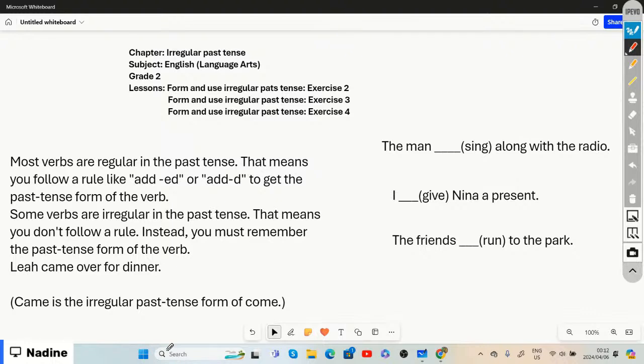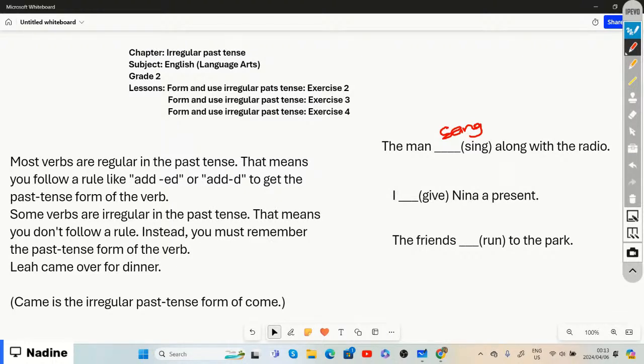Sing. The past tense of sing. Yes, well done. The past tense of sing is sang, so we will say the man sang along with the radio. Sang is correct.